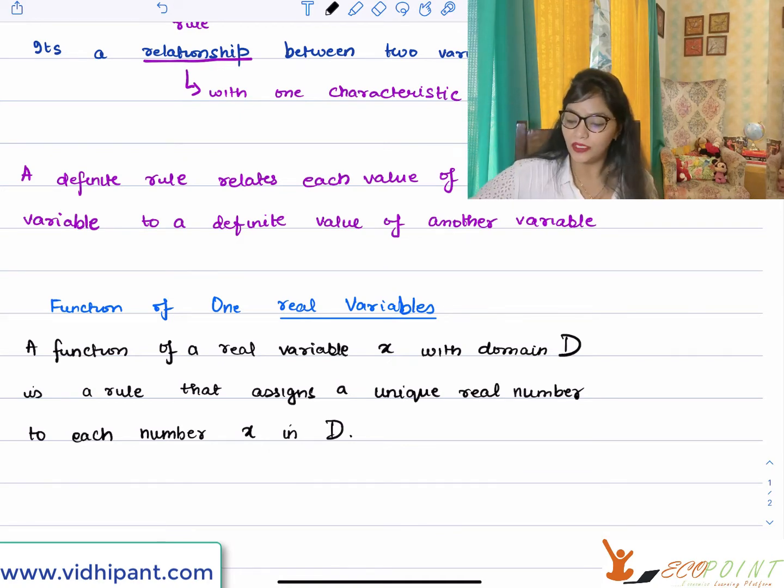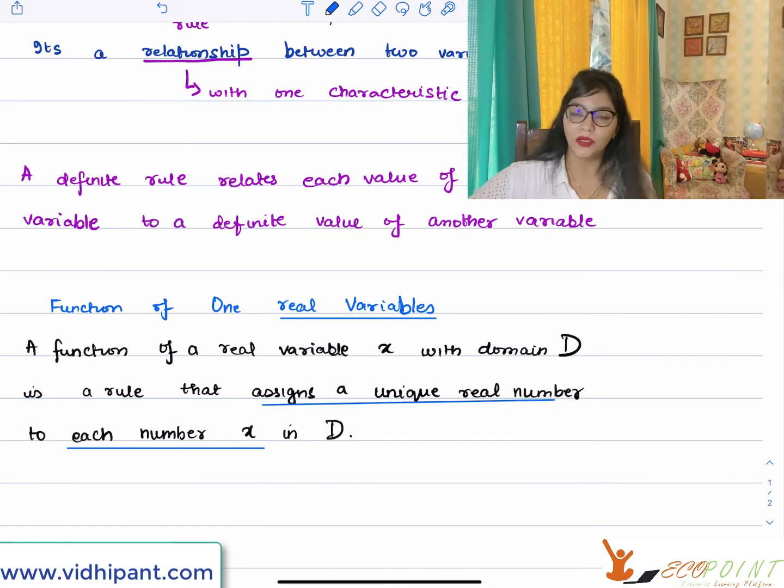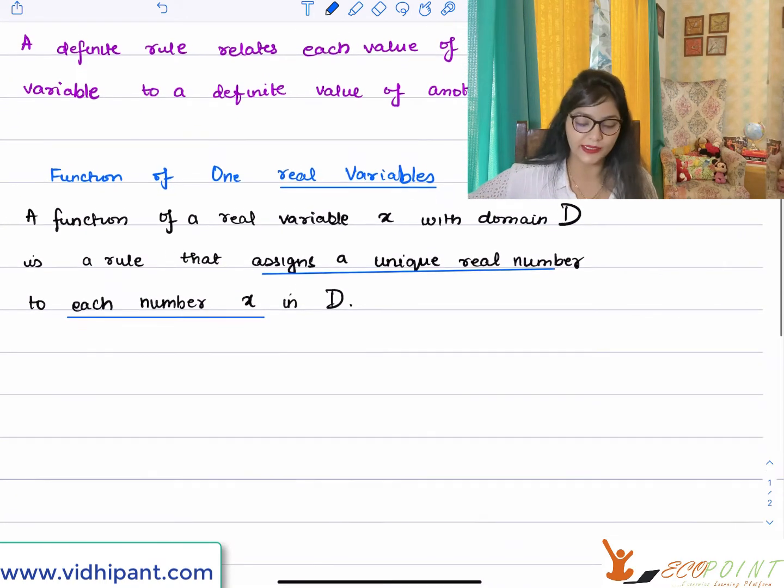There are two important parts in this definition: the rule is assigning, to each number x in D, a unique real number in whichever set, which is your output basically.